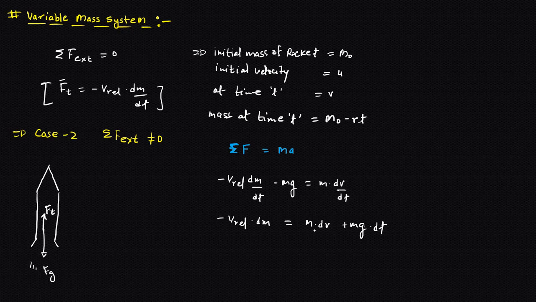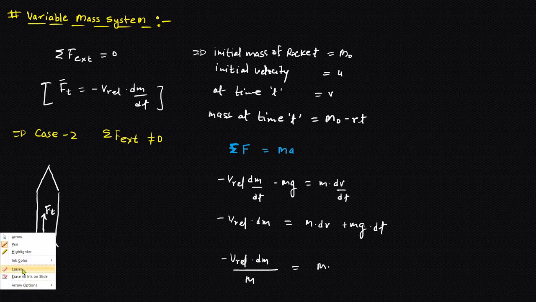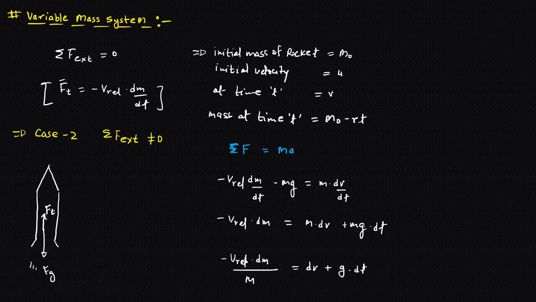Now we can take m common and write it in the denominator. So V relative into dm divided by m is equal to dv plus g dt. Let's integrate it.